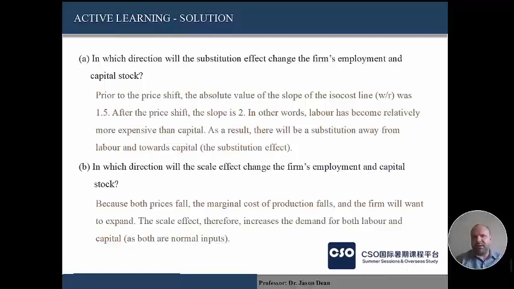And to produce more, it's going to need more of these inputs. And so both the labor and capital, the quantity demanded for them would increase. Okay, so in A we have labor would fall. In B we have labor would increase. In both we have capital increasing.